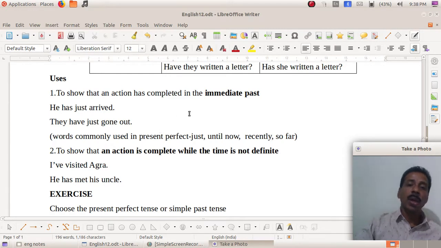And then normally while we use present perfect, there will be some expressions like just, until now, recently, so far, etc. This will be normally used with the present perfect tense. He has just arrived, examples we have seen. And then while we say until now, so far, etc., normally we are speaking of something which we couldn't do so far.